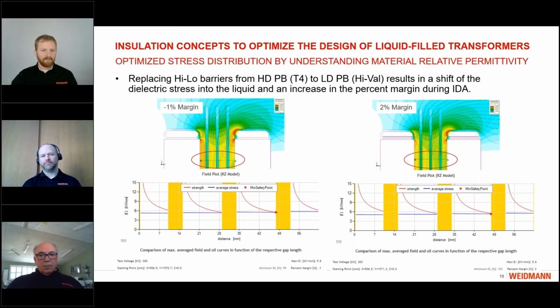Shown here on the left, we are looking at a field line in the high-low space under the uniform field, so not really looking at the effect of the static rings or the end of the windings, but looking at a uniform field area. With T4, in this case, there was a negative 1% margin, and simply exchanging that T4 material with High Val, the margin was increased to 2%.